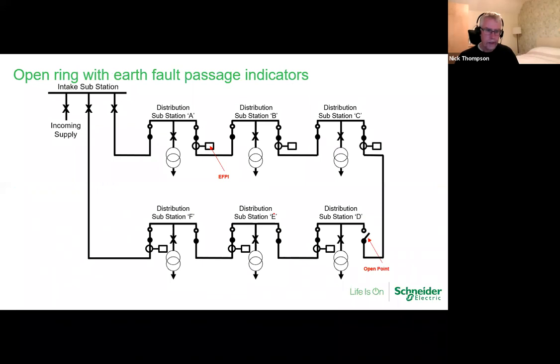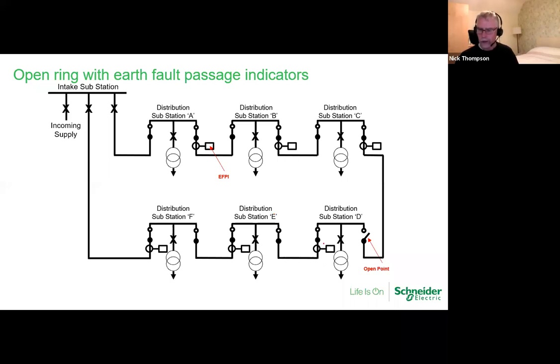So now we've installed earth fault passage indicators on our ring, and you generally only have one earth fault passage indicator on a ring switch. Sometimes the DNO will specify an earth fault passage indicator on both ring switches. That depends on which way the network is configured.